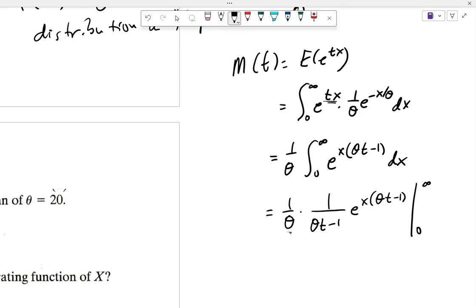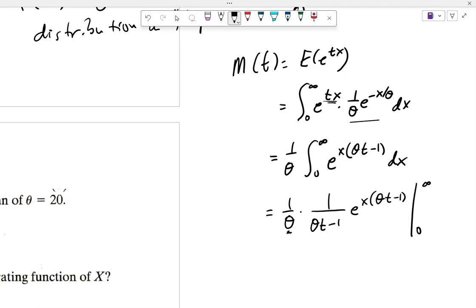That theta should not be there. What did I do wrong? This 0 is going to go in for x, so that's going to make that go away. I need this to go away. Where did I go wrong? Let me go back up here. This is certainly the PDF.